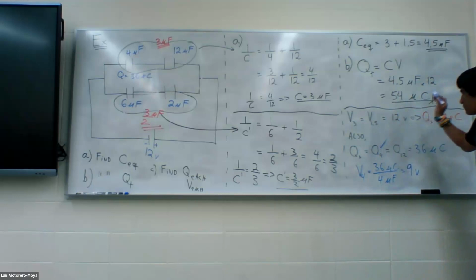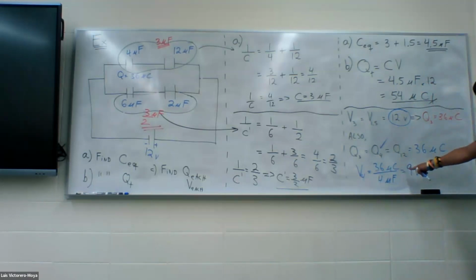That's on 4. And what about 12? Well, think about it. Let's use some physics. The voltage is 12. 4 is already getting 9 volts. So the voltage on 12 is 12 minus 9, 3 volts.